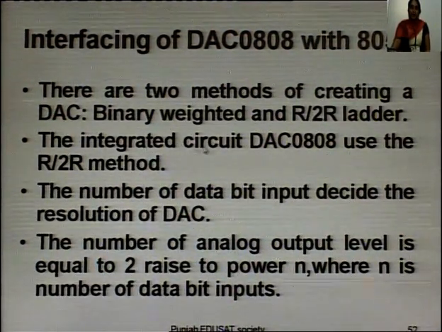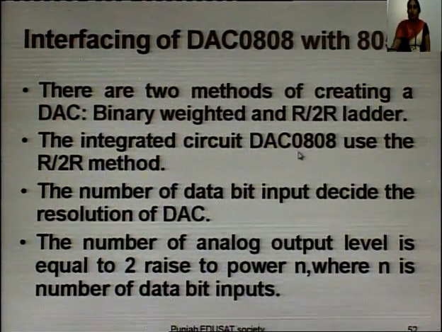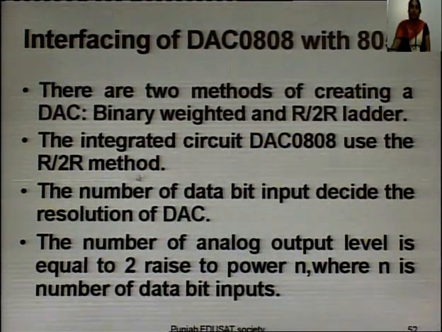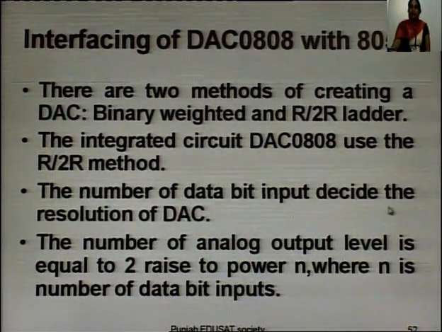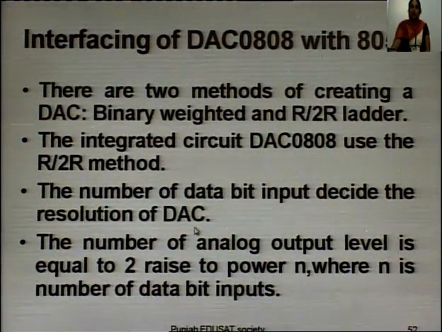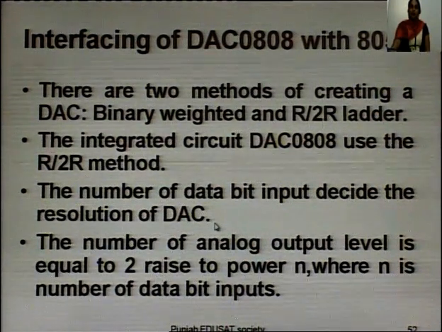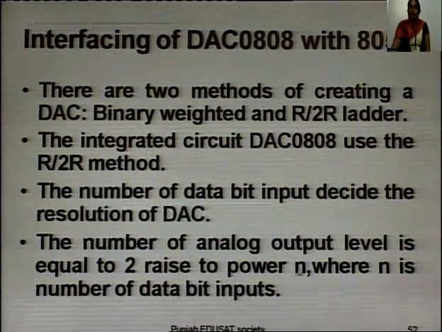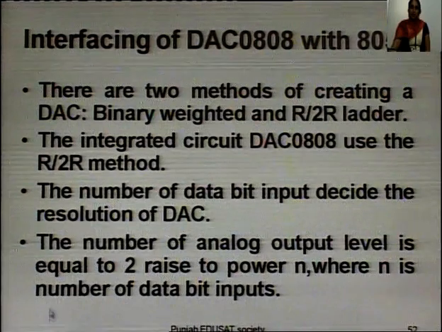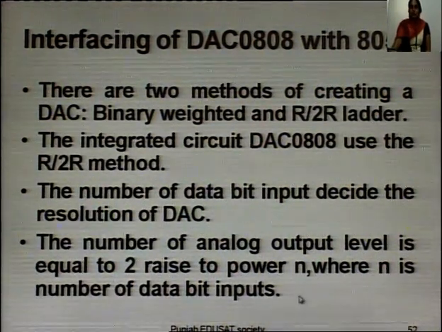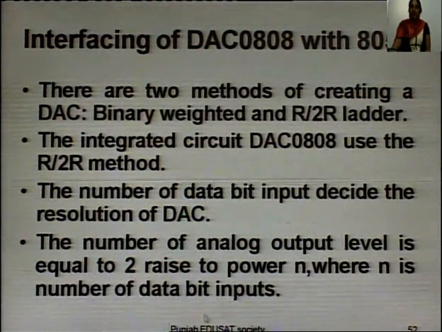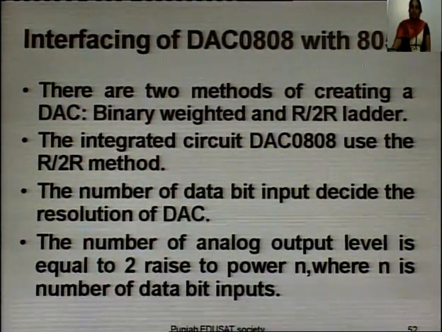The integrated circuit digital to analog converter uses the R to 2R method. The number of data bit inputs decides the resolution of the digital to analog converter. The number of analog output levels is equal to 2 raised to the power n, where n is the number of data bit inputs.